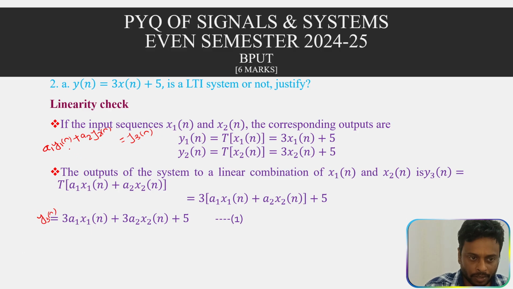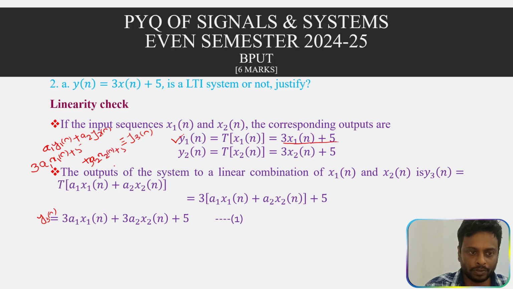Now what is a1 y1 of n? y1 of n is 3 x1 of n plus 5, multiplied by a1, so that will be 3 a1 x1 of n plus 5, plus a2 times 3 x2 of n plus 5, that is 3 a2 x2 of n plus 5.